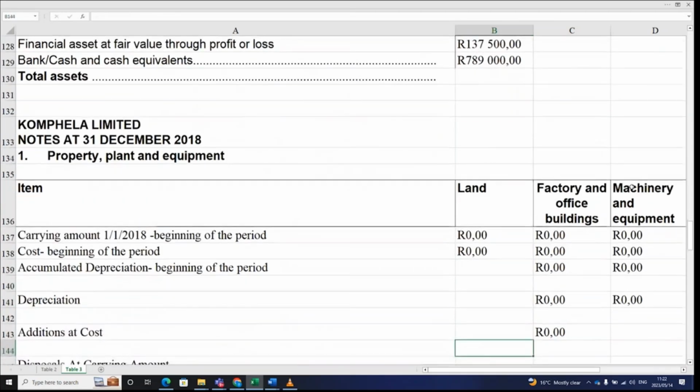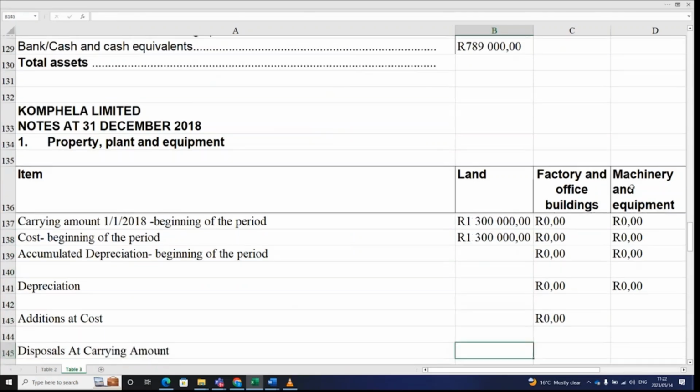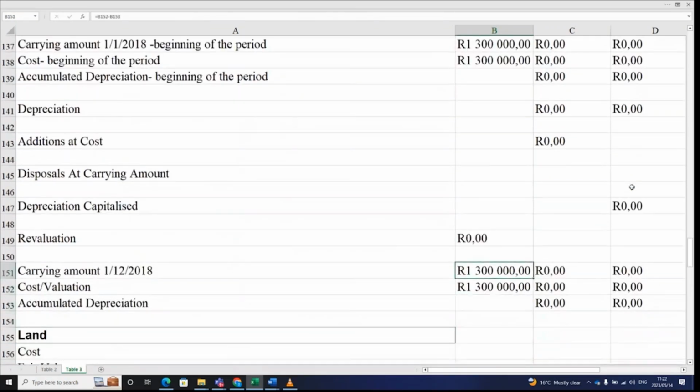So we know that this land was acquired in 2015, as the question said, at a cost of 1.3 million. Then we know it was valued for the first time, and the valuation date value is 1.5 million.